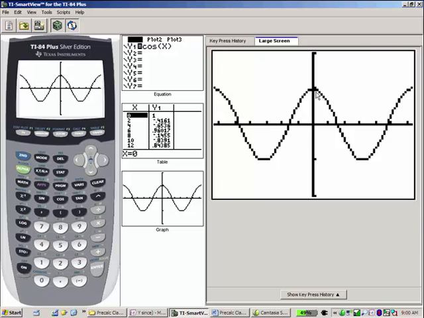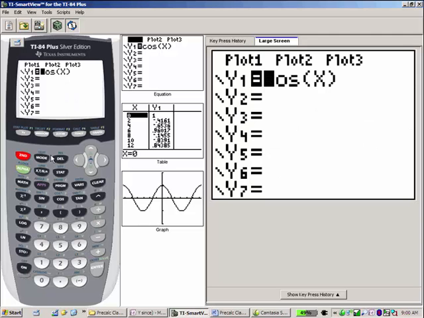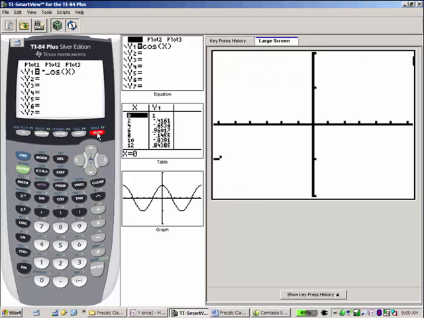Do you believe me? Not really. What could I do to the cosine function to actually get the sine function? Like what? All right, if we took a negative, insert negative.